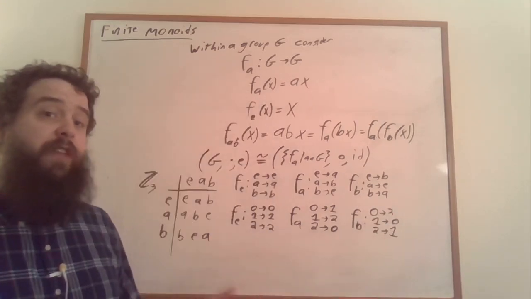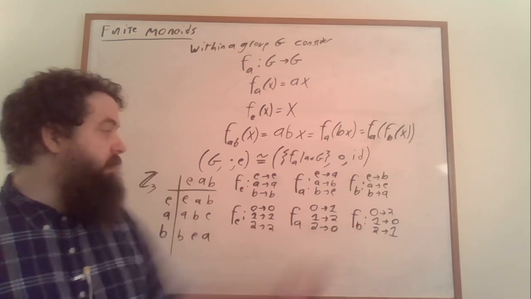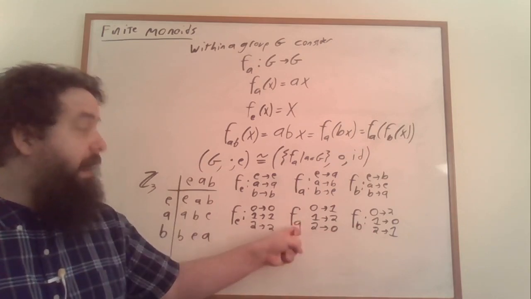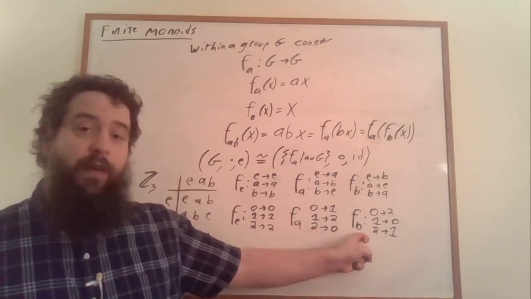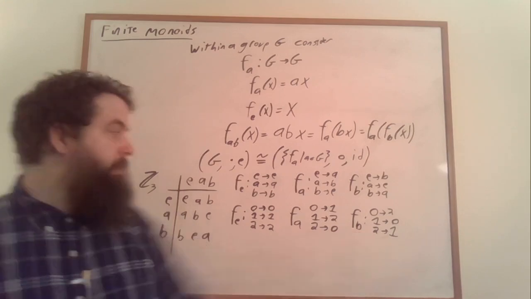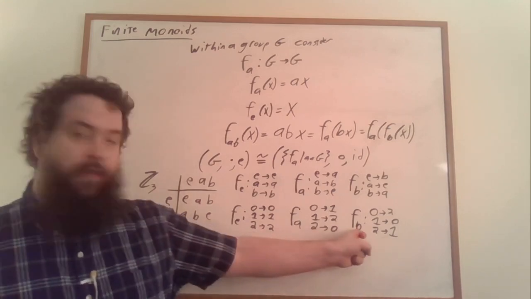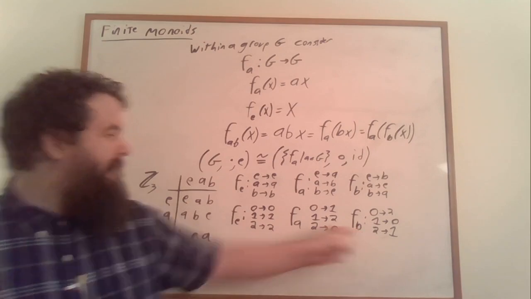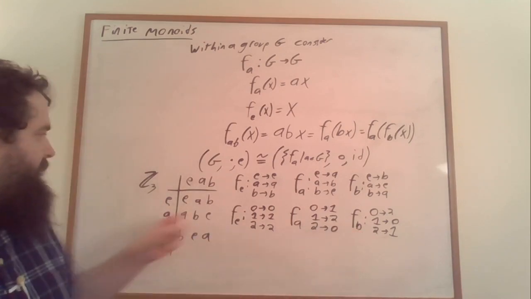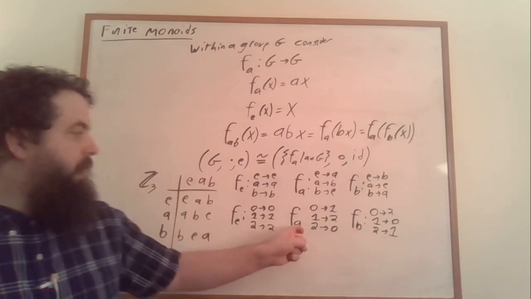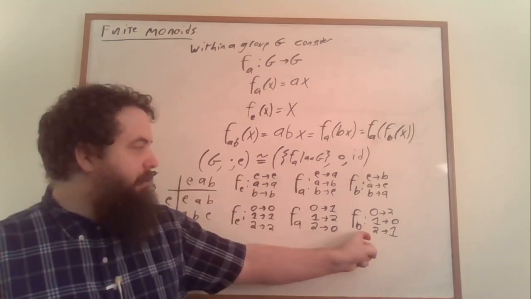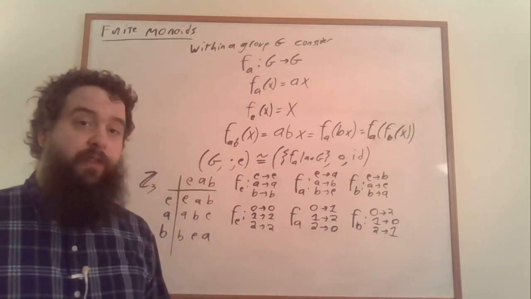Again, we haven't changed the interrelationship of these functions. F sub a of f sub a is still going to be f sub b. F sub a of f sub b is still going to be f sub a times b, which is equal to e. So f sub a and f sub b are inverse functions to each other.